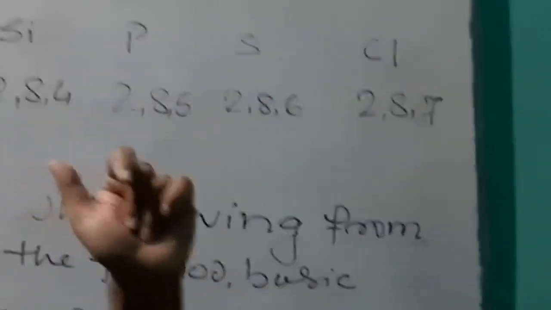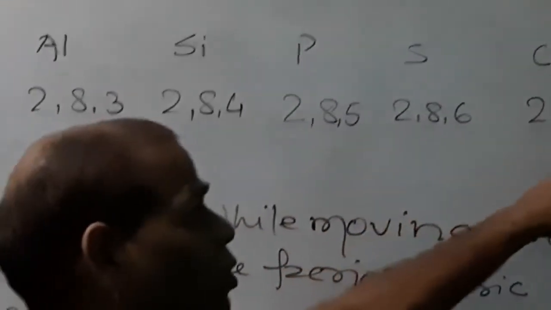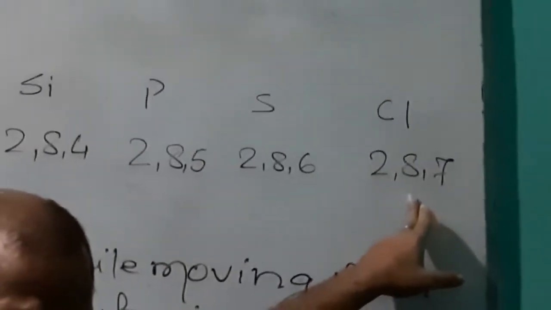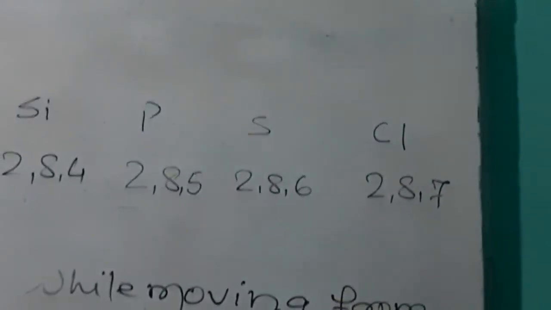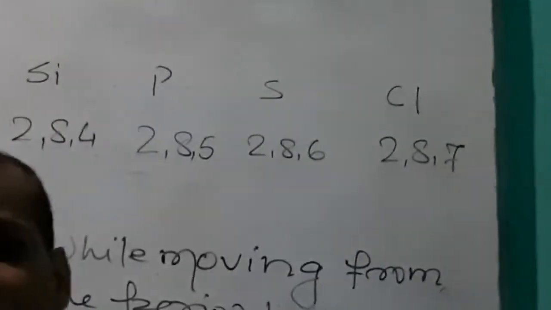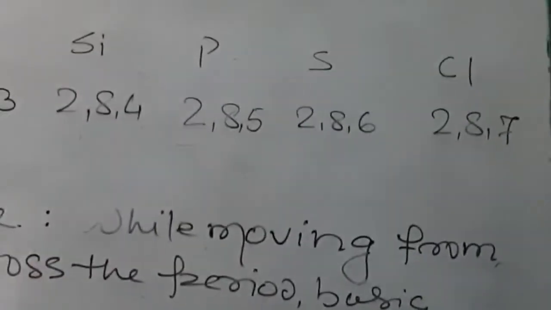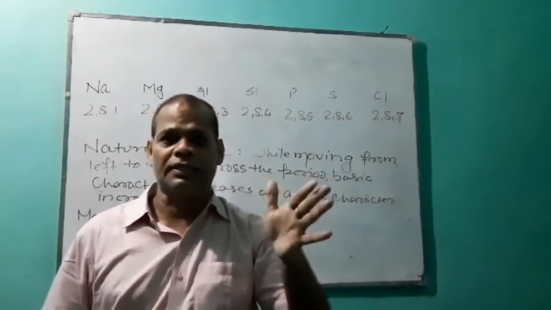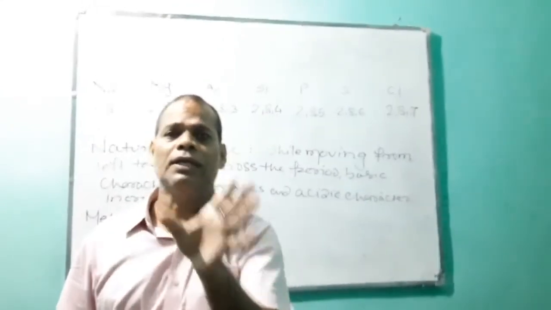Chlorine requires 1 electron, so it is strongly electronegative in nature. It means it has a strongly non-metallic character.